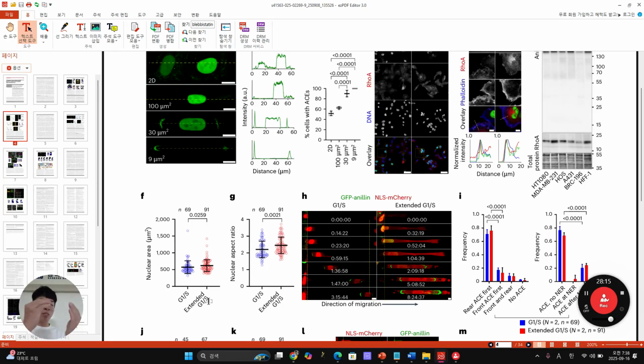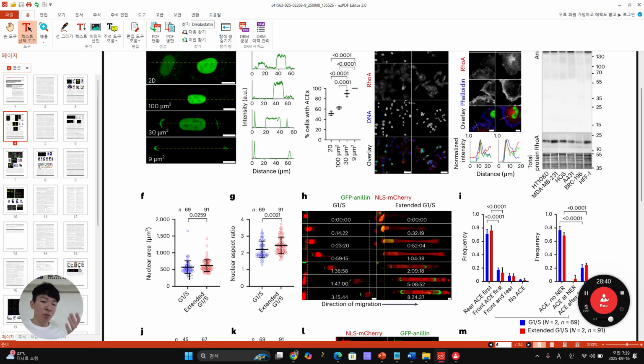So when the nucleus is making more DNA for cell division, 2N becomes 4N, right? And then at a certain time, they are divided into 2N, 2N. So extended G1S means that they are enhancing the DNA amount to increase the nuclear volume.